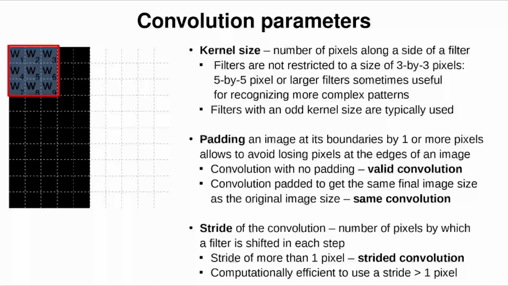If we would like to avoid losing pixels at the edges of the image, a possible solution is to simply pad the original image at its boundaries by one or more pixels.